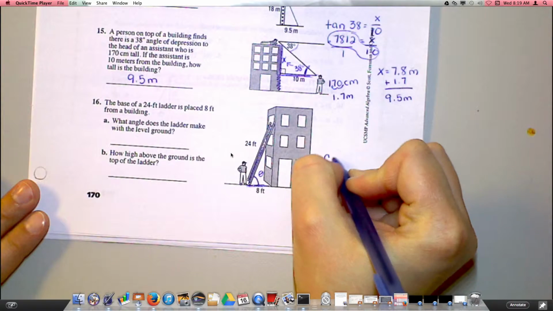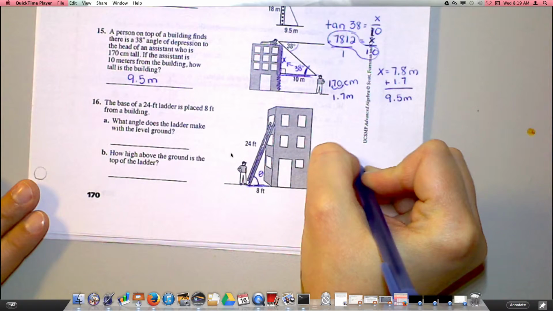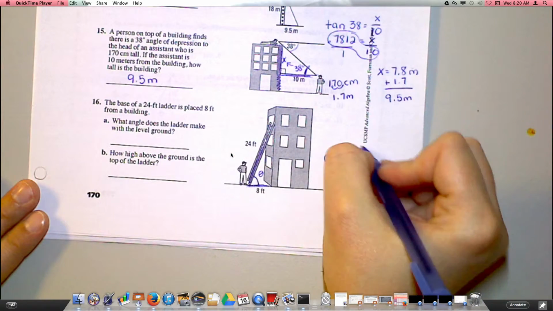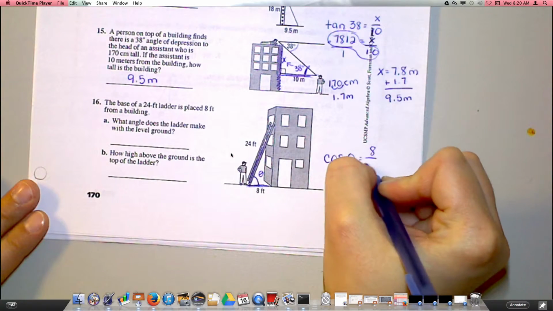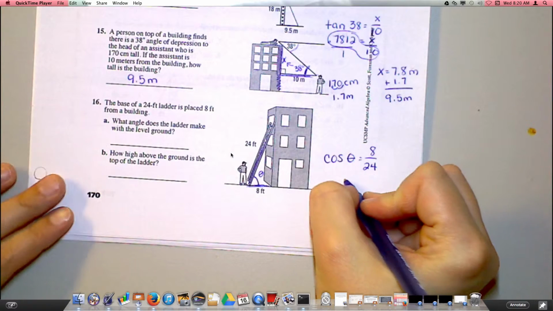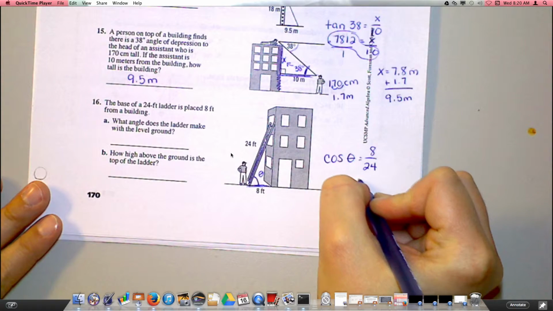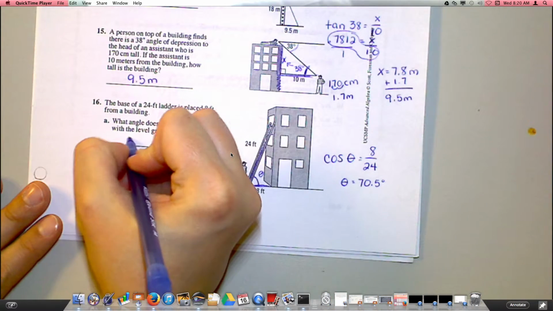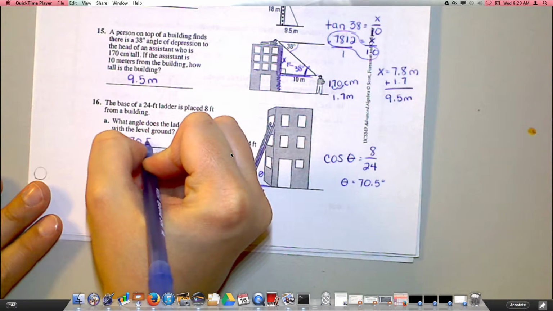So I would say cosine of theta is equal to adjacent over hypotenuse. So that would be 8 over 24. And then this is where you're going to type into your calculator cosine inverse, or second cosine, of 8 over 24. Do you have it, Isaac? 70.5. Okay. Good.